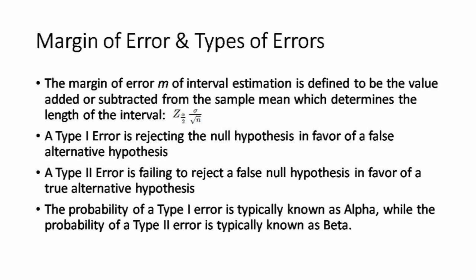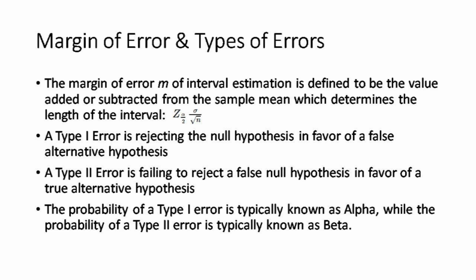Margin of error and type 1 error are majorly considered, whereas type 2 error is used to determine the power of a test. In fact, 1 minus type 2 error, that is 1 minus beta, is used to determine the power of the test.